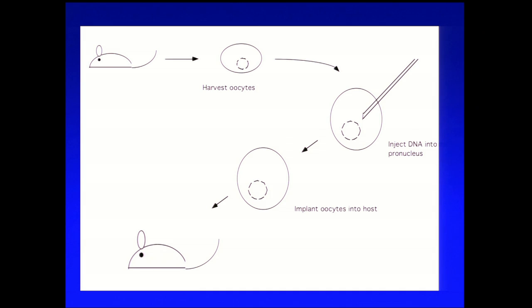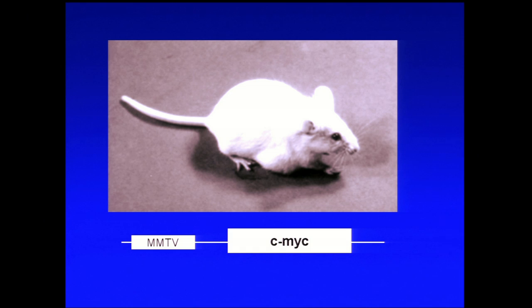And the original genomic modifications were done by injecting DNA. Simply harvest those oocytes. These are fertilized oocytes. Inject DNA into the pronucleus of the fertilized oocyte, reimplant the oocyte, and with some frequency that injected DNA is taken up, incorporated randomly into the parental genomic DNA, and you end up with a transgenic mouse.